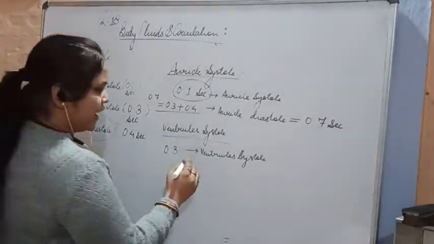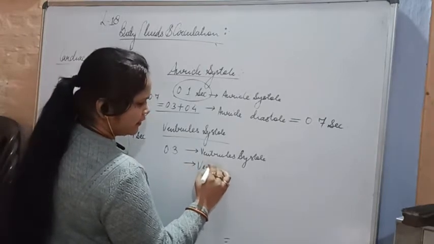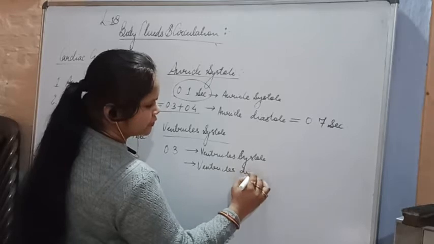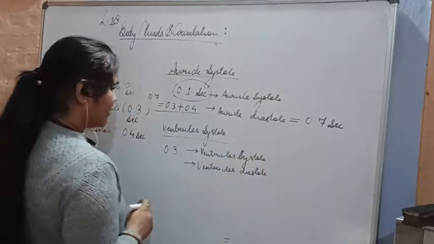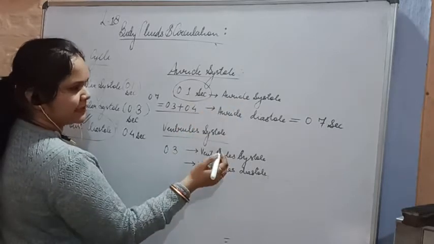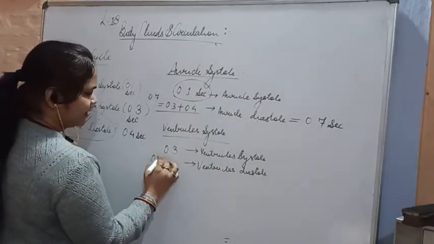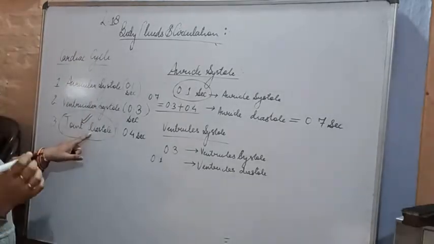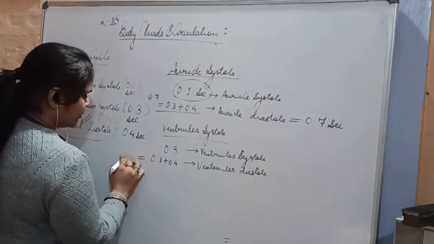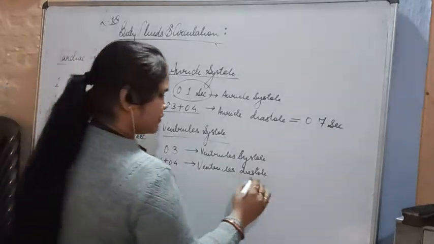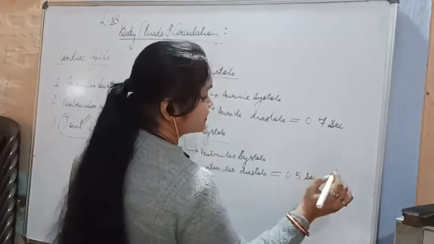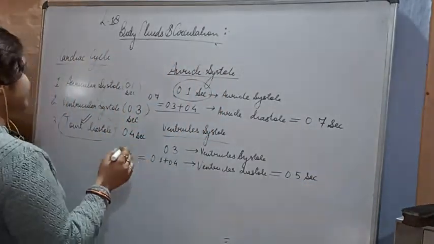Now we will see for how much time they are in the diastole stage. When the auricles are in systole, the ventricles will be relaxed. So 0.1 along with the joint diastole, 0.1 plus 0.4, is equal to 0.5 seconds. So ventricles are in diastole for 0.5 seconds out of the cardiac cycle.